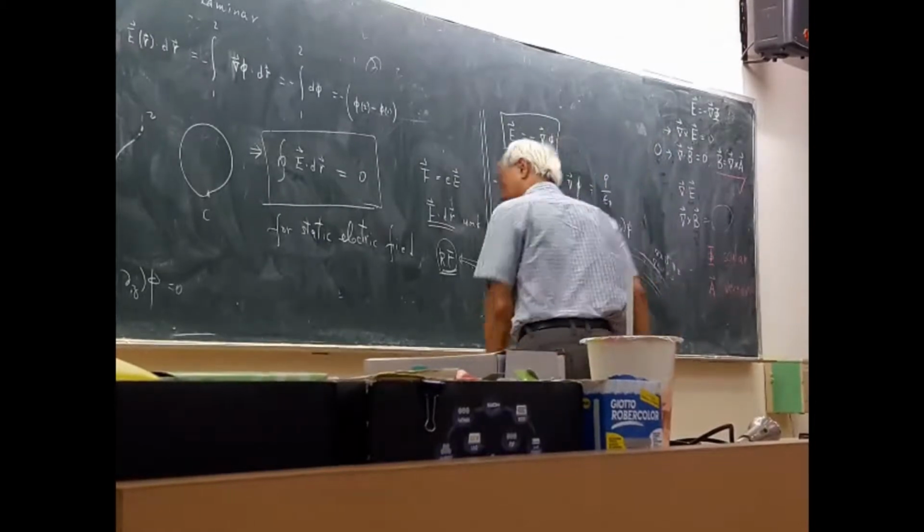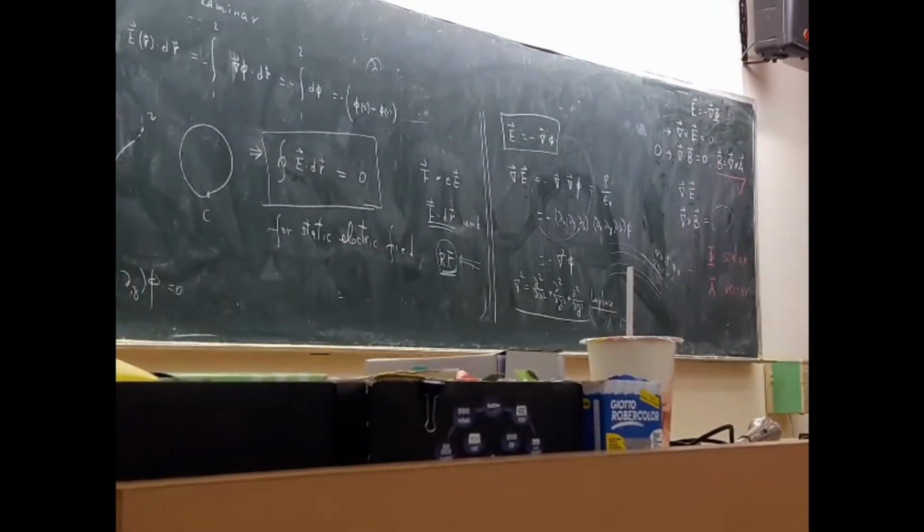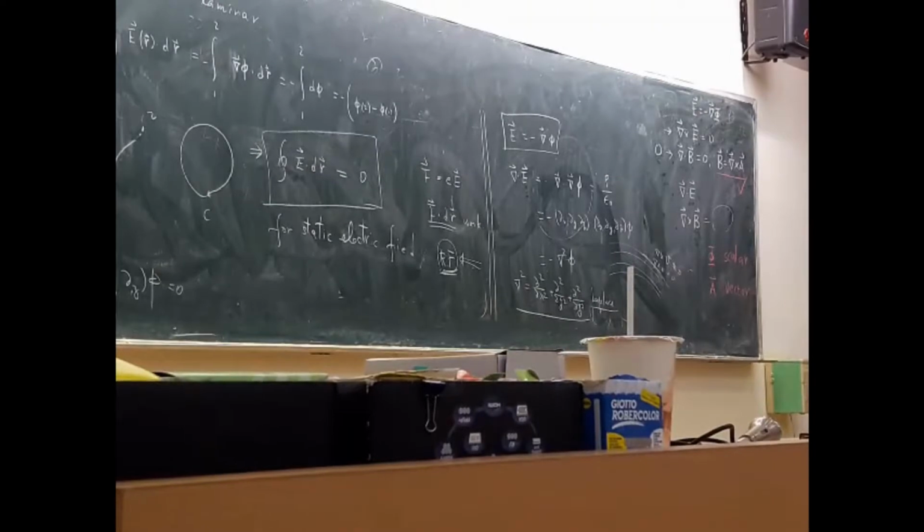This means that the electric potential satisfies the equation: when the right hand side is 0, it's the Laplace equation. When the right hand side is not 0, it's the Poisson equation.